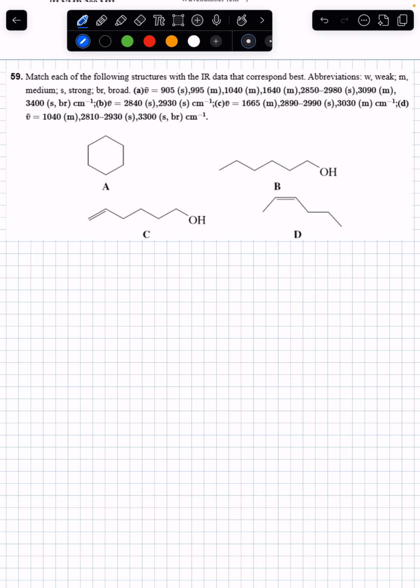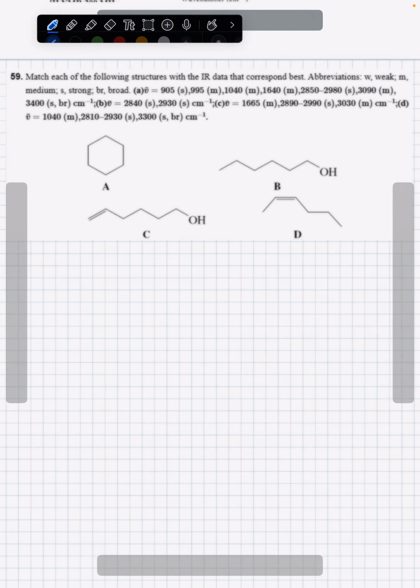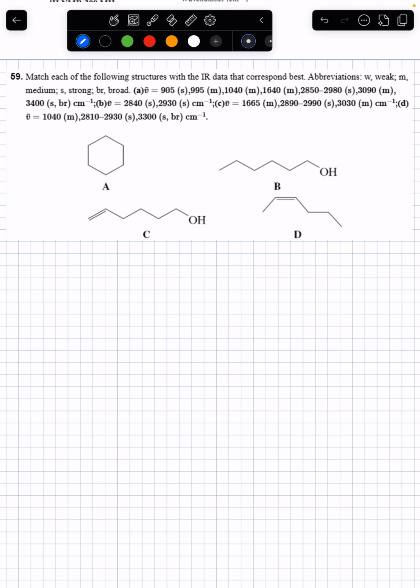Anyway, some of these signals are in the fingerprint region, and we're not going to worry about those, but some things are pretty certain. Like this has got to be an OH alcohol. That is likely sp2 CH. These are probably sp3 CH.